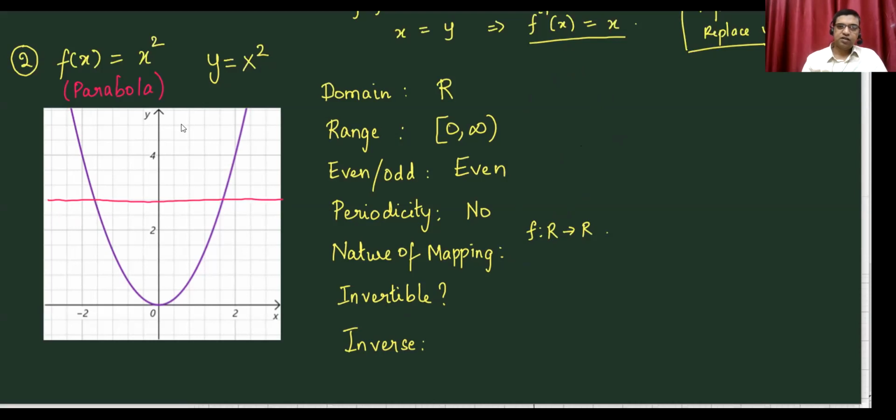It cuts at two points, right? That means there are two values of x which give the same function value. So it is a many-one function.